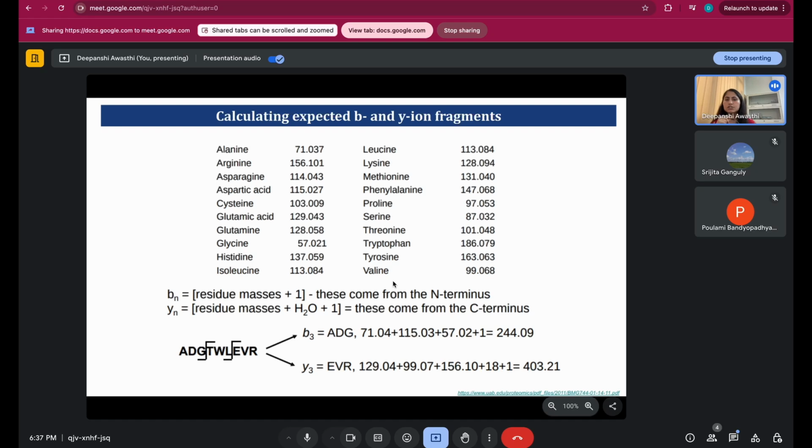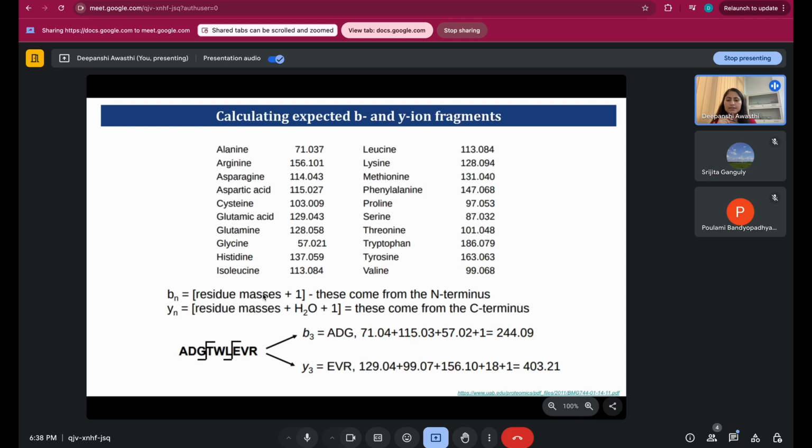By subtracting the fragment of 5 residues from the one of 6 residues, we get a mass to charge ratio which corresponds to a single amino acid, and we can look at the table and say that this particular amino acid is present at this particular position. We'll also study one example to make it more clear.